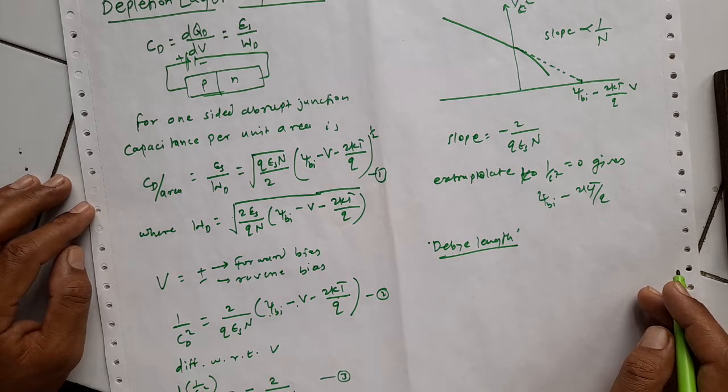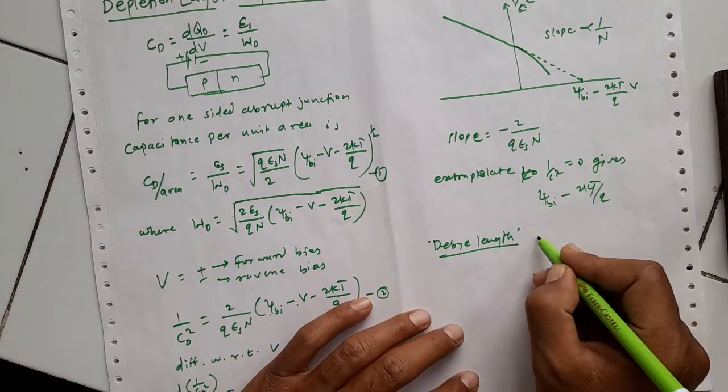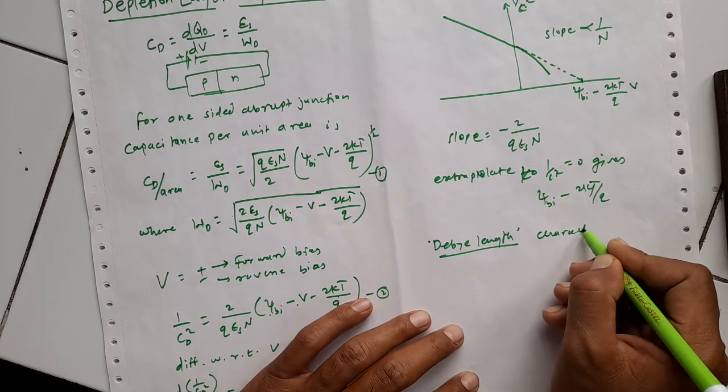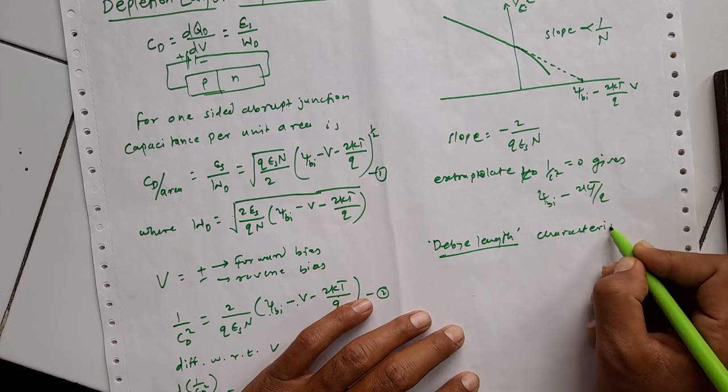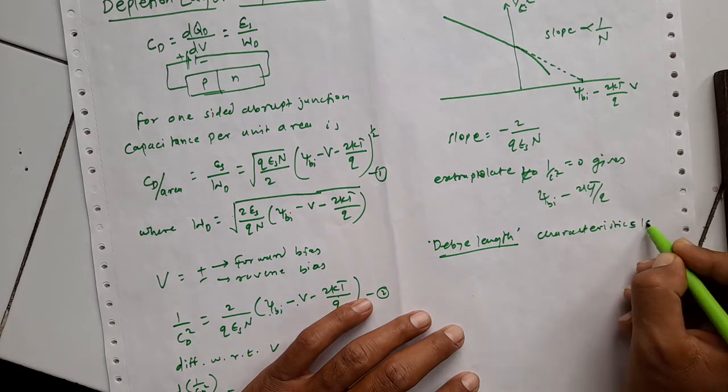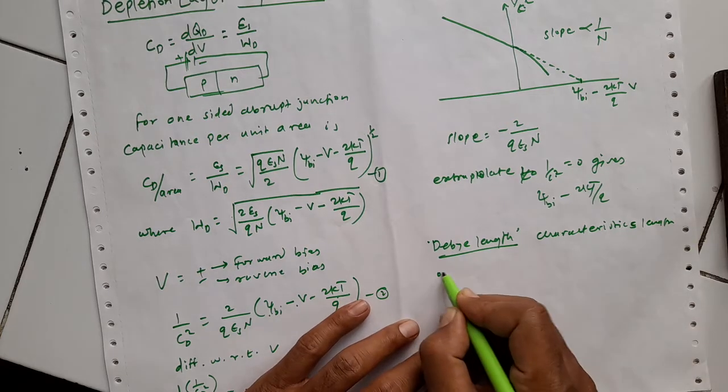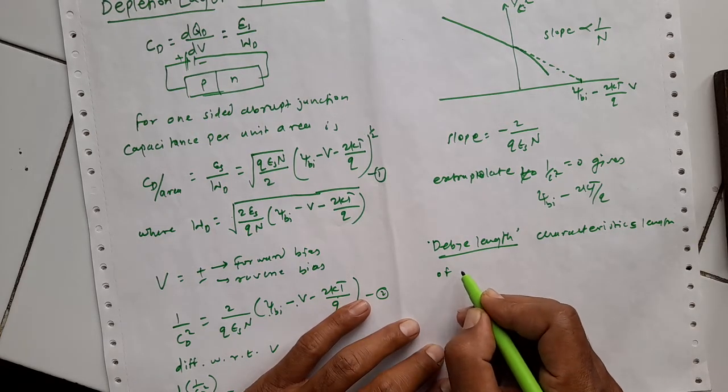So this is actually the characteristic. Debye length is the characteristic length for the semiconductor.